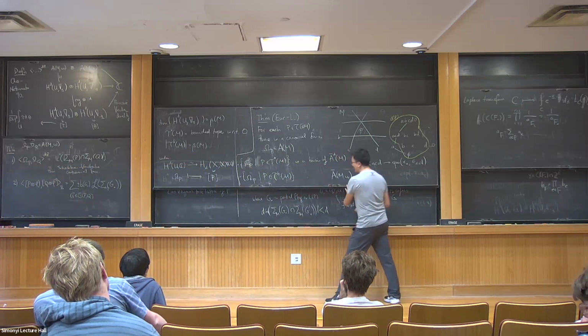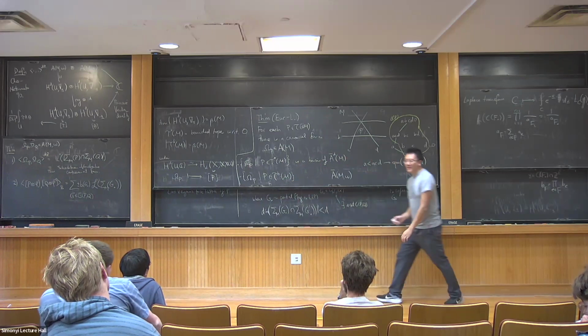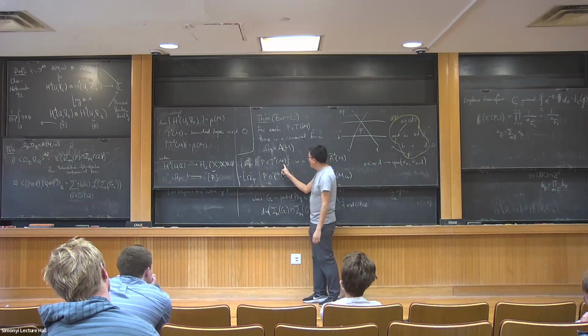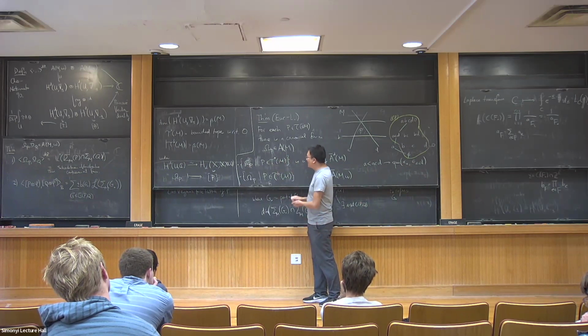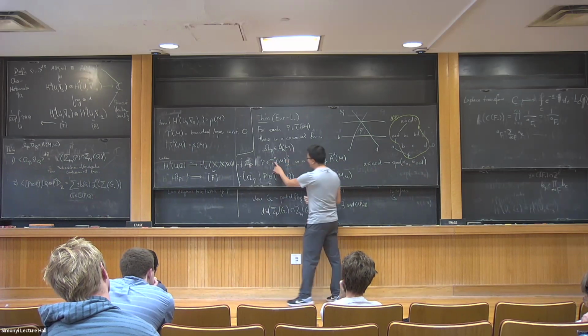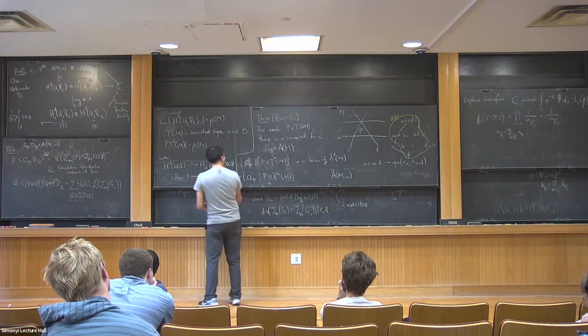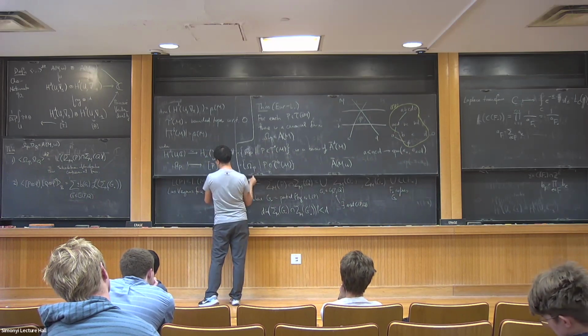So the cardinality of this set is the beta invariant. The cardinality of this set is the Mobius invariant of the matroid. And one thing that has the same cardinality as the Mobius invariant is the topes that avoid a generic extension.